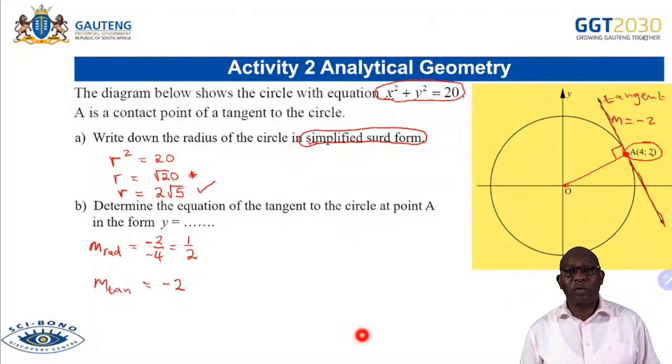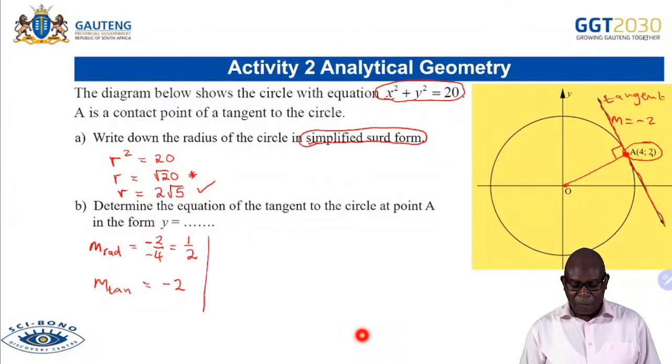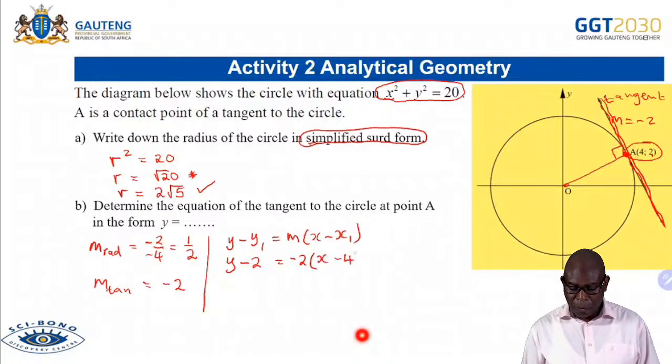I've got a point, so no problem. So I'll have y minus y1 equals m times x minus x1. Remember, I'm looking for the equation of this line. So it's y minus, my y1 is 2, the gradient is negative 2, and my x1 is negative 4.